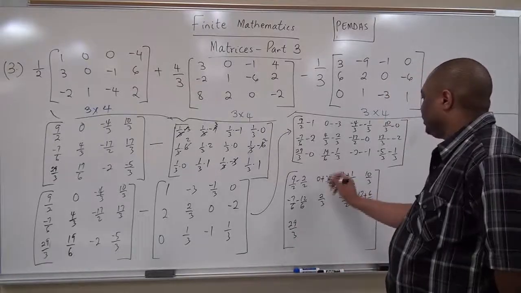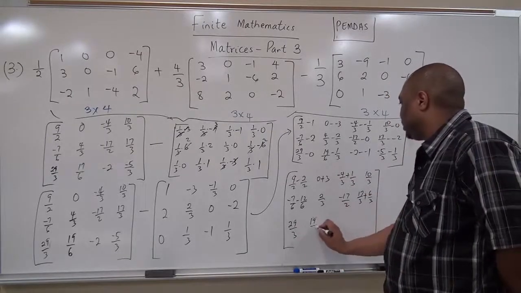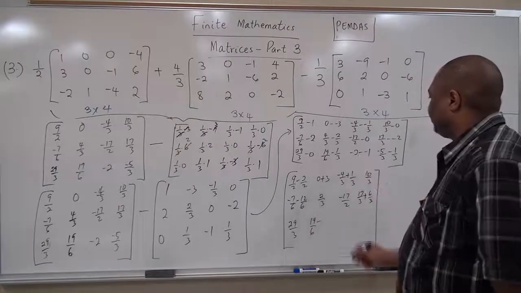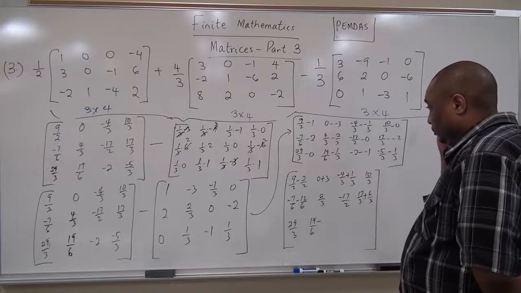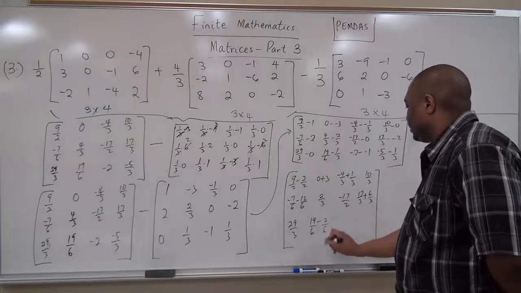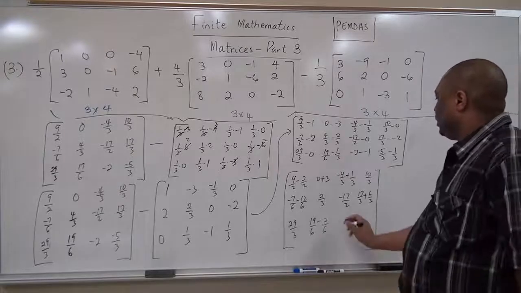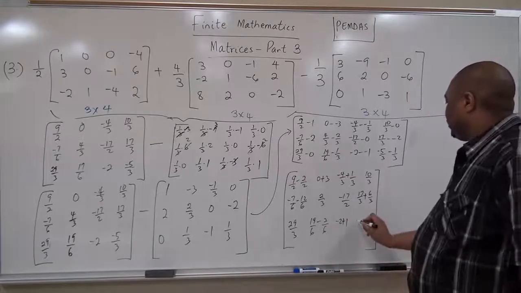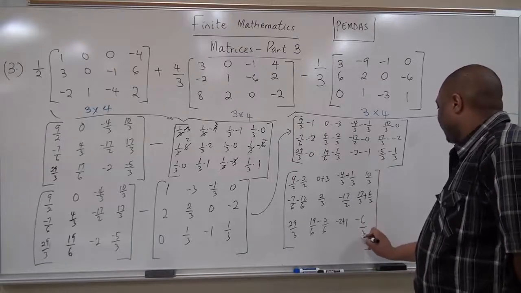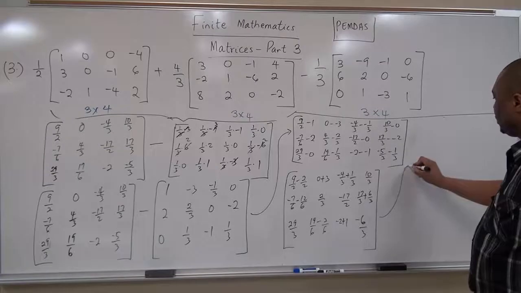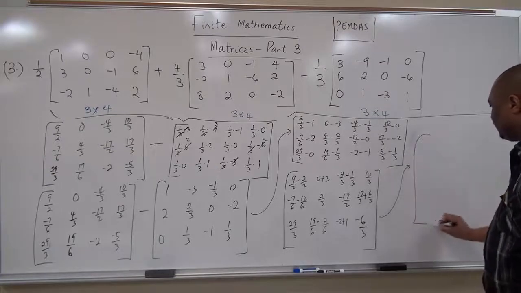Then this is 19 over 6 minus 2 over 6. And this is minus 2 plus 1. And this is minus 6 over 3. So this is going to be what now? What are we going to get as our answer for this?